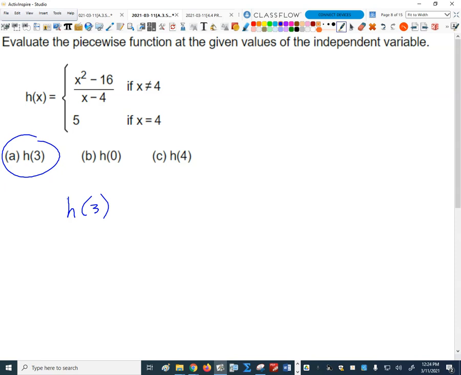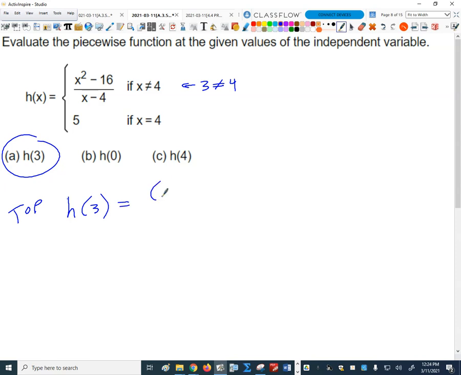H of 3, am I plugging 3 into the top or the bottom? Okay, yeah, it's going top, isn't it? Good, that's going top. Because we can see up here that 3 is not equal to 4, so that's going into the top piece, isn't it? Okay, and so what's that give us then?